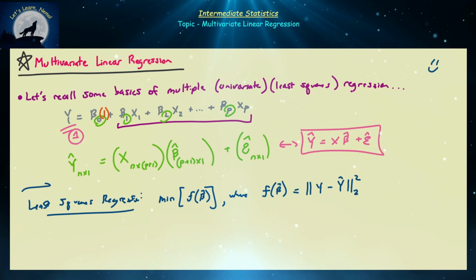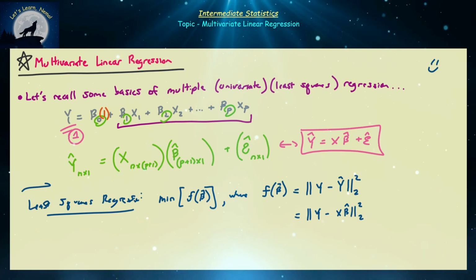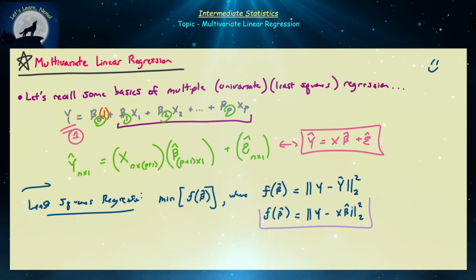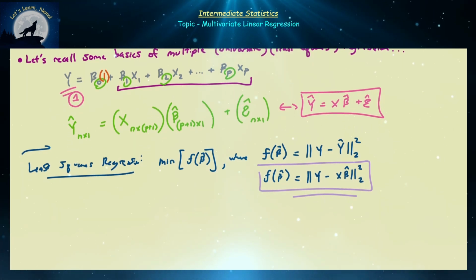And we can write this instead as y minus X beta hat. Keep in mind, there are other functionals that you can minimize, not just this least squares approach, but also lasso, ridge, and several other variations of matrix norm type functionals. But least squares is usually the starting point for most linear models.